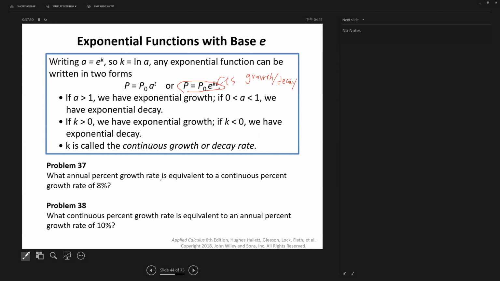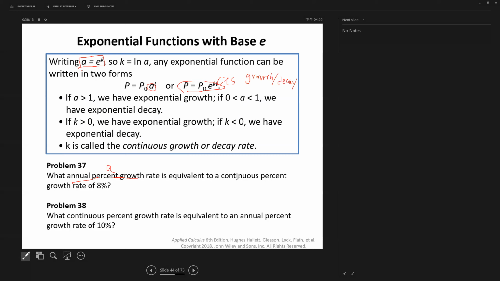So let's see. What annual percent growth rate is equivalent to a continuous growth rate of 8%? Here we're given the relationship between a and e to the k. So we're comparing the base a and e to the k. Annual percent growth rate means we want to find out what a is.